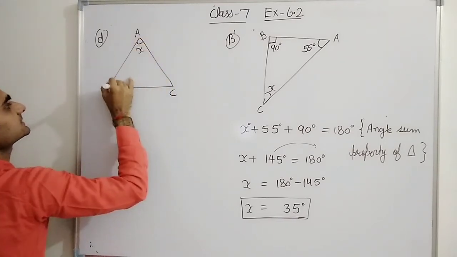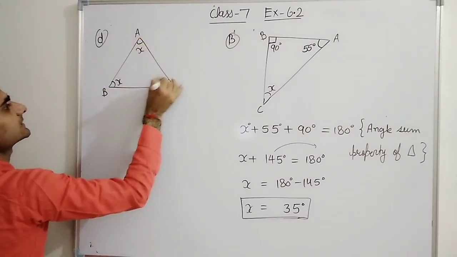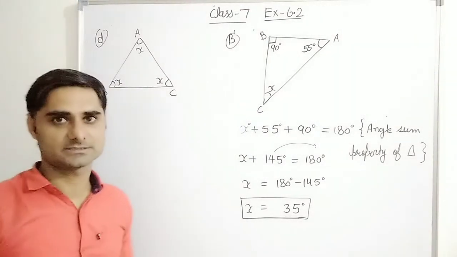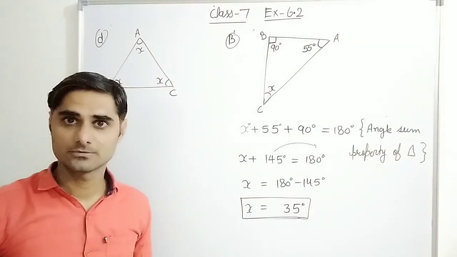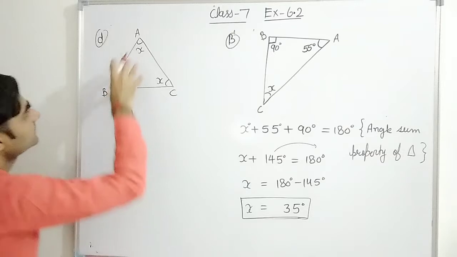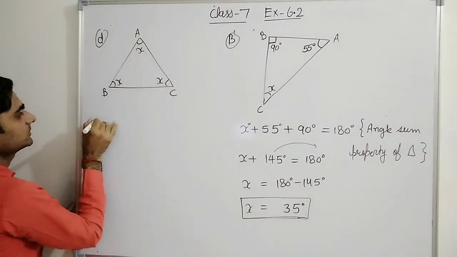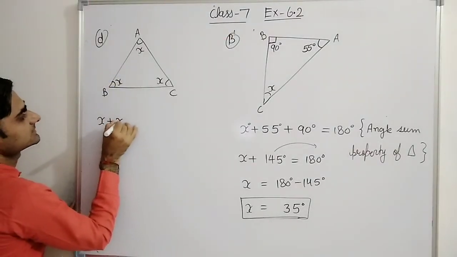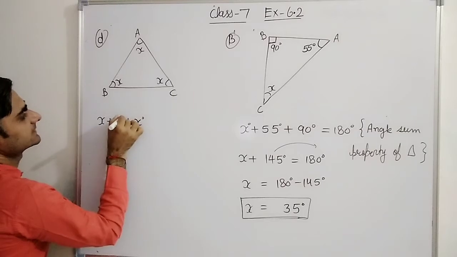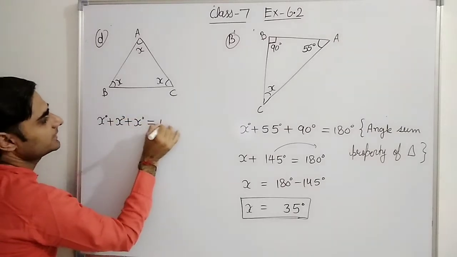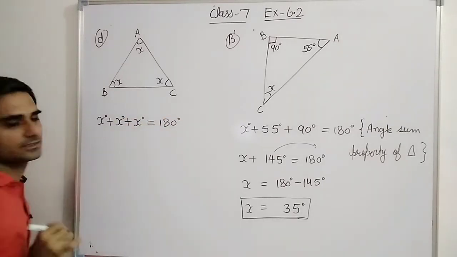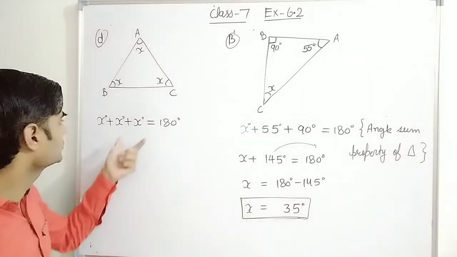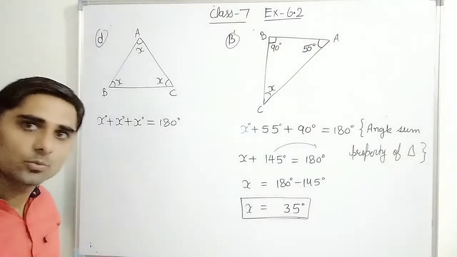This one is x, this one is x, and this is also x. Now what to do? The sum of interior angles, as we know, x plus x plus x, these are all in degrees, will be equal to 180 degree. Why? Because the sum of interior angles is 180 degree.